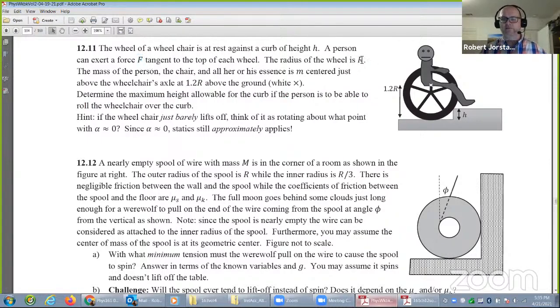You could plug in radii of different wheelchairs, analyze this situation thoroughly for a large range of people, and figure out a range of curb heights that might work out. So our goal is to figure out a curb height that allows a typical person to roll over it. Obviously, if it was a millimeter high, the person could just roll right over it. So the question is, how high can we make it until they can just barely get over it? That would be an important limit to understand for designing curbs.